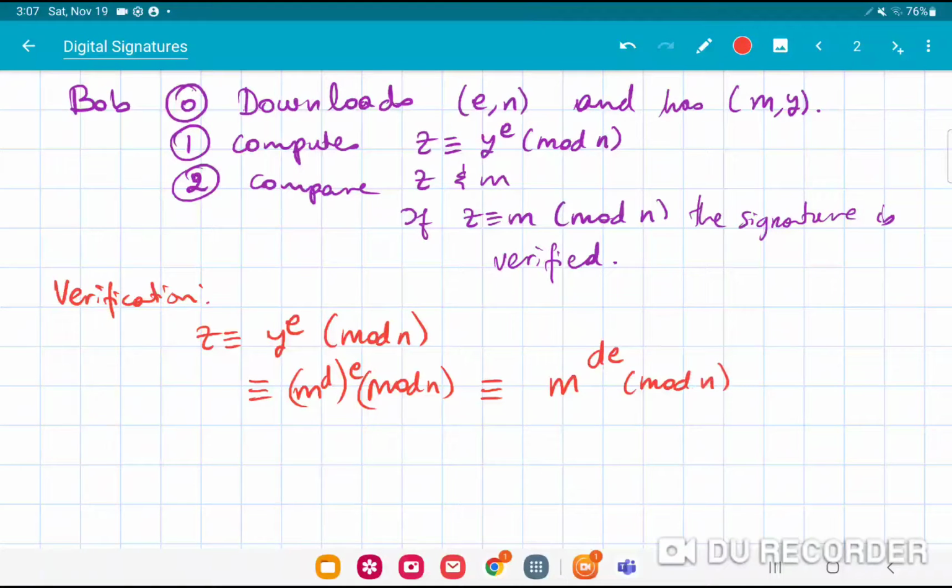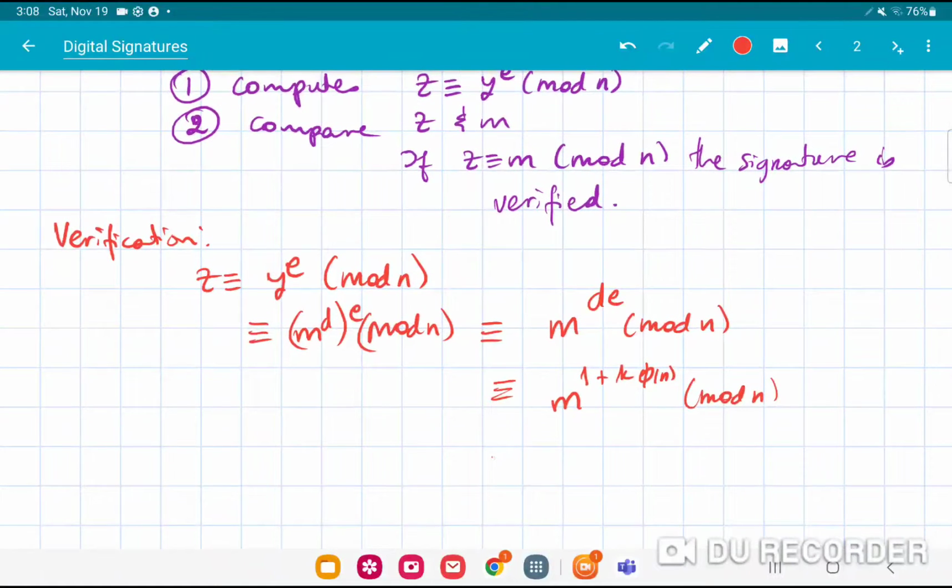Well, D times E is, D and E are inverses mod phi of N. So this is M to the power of 1 plus some constant multiple of phi of N. But M to the power of phi of N is 1.